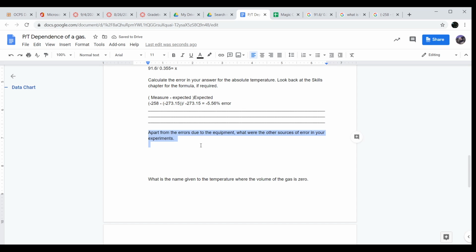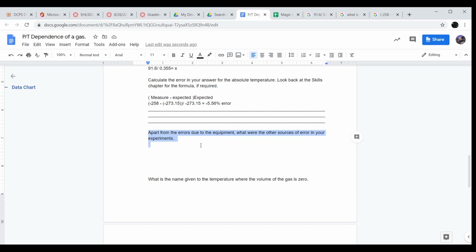Next here, it's asking us to say what other sources in the lab could have caused errors. And we're talking about sources other than equipment issues. It wants you to think, let's look back at this lab. What are some factors that might affect it?